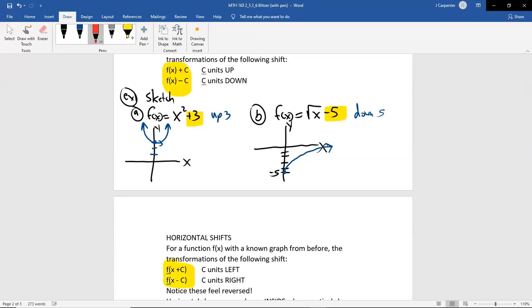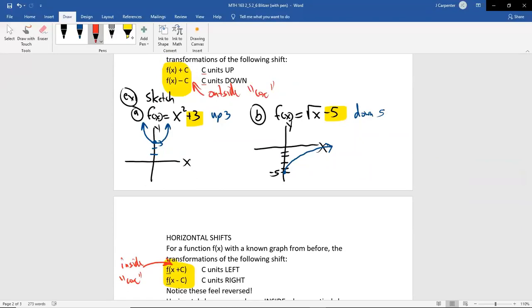The plus and the minus c here, when they were vertical shifts, those were outside the core, which is what I'm calling the core, the function, the x squared or the square root. Whereas here, the plus and the minus c are inside the core. They're inside that actual function. So that's how we tell whether it shifts it left or right versus up or down.